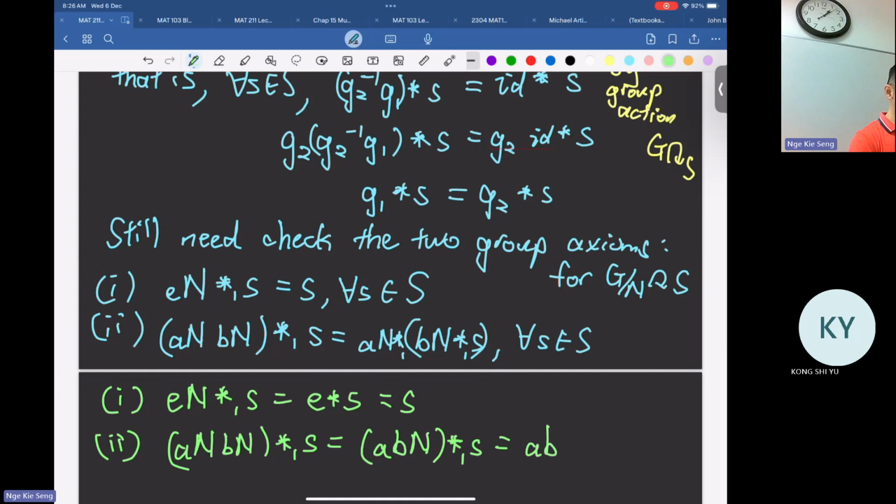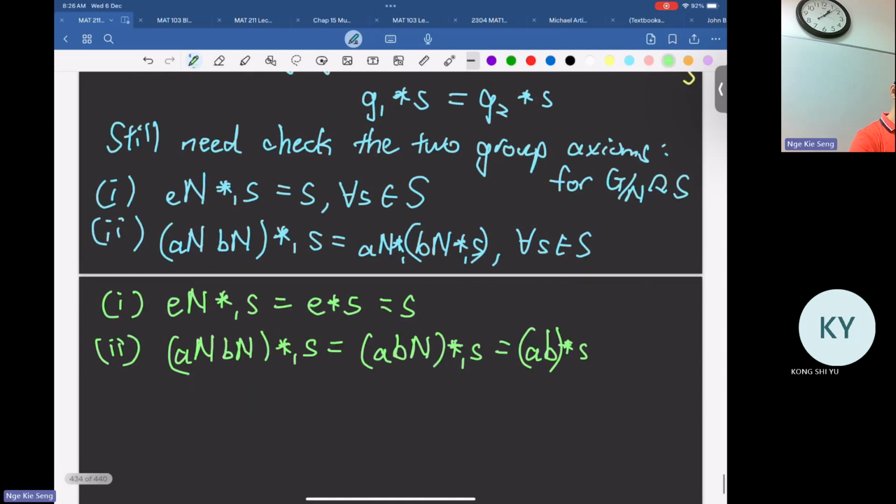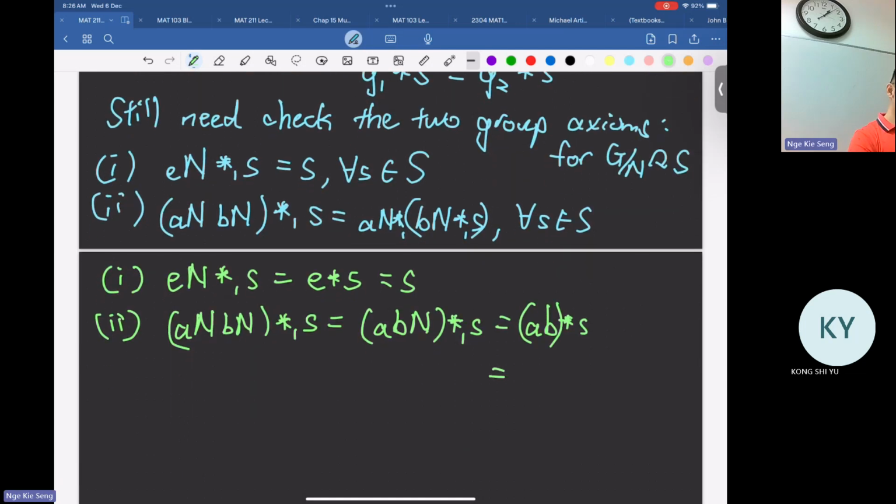This is just the representative acting on S. Then you use the group action on G to split them up. And then you use the definition again to return to AN, the group action on X by the quotient group.